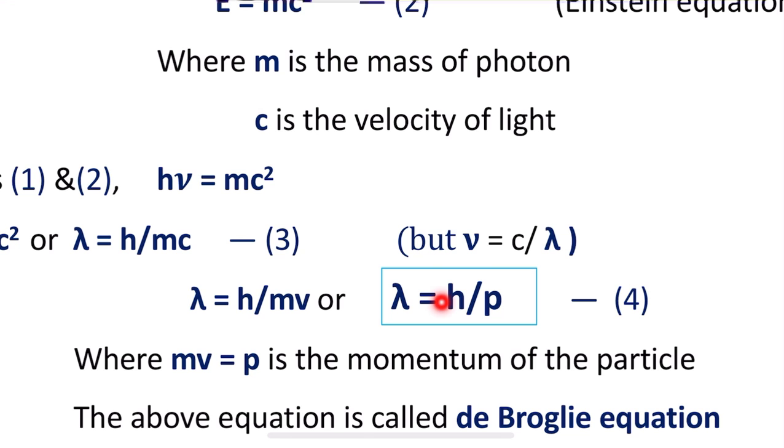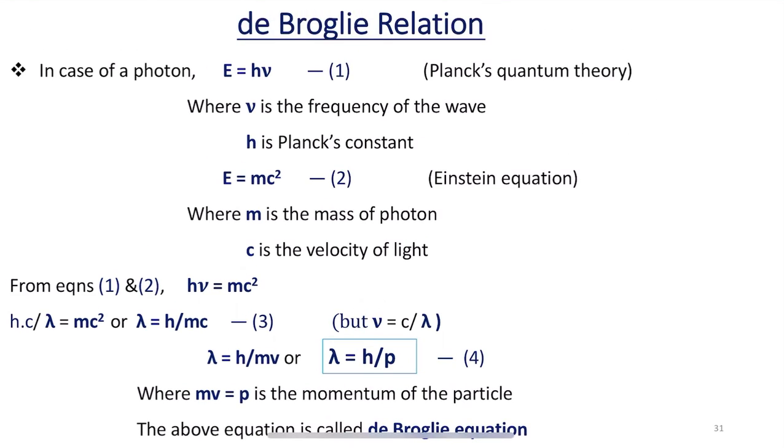The above equation, equation number 4, is called de Broglie's equation. This is how we deduce the de Broglie relation, which explains the wavelength of the wave associated with any material particle, calculated based on the analogy with the photon.